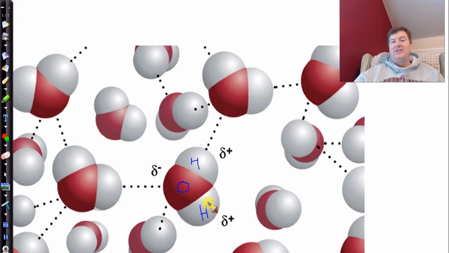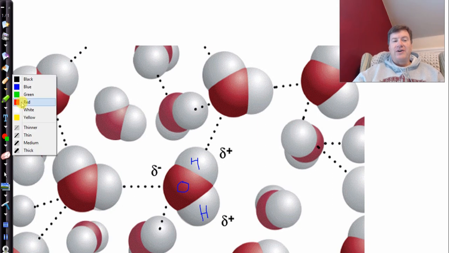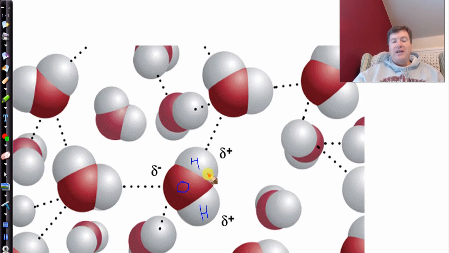Oxygen is one of the most electronegative atoms, which means it's really good at what? Pulling on electrons. So if we imagine that we have electrons that are being pulled, even though they're being shared in the covalent bond between oxygen and hydrogen, the sharing is not equal.